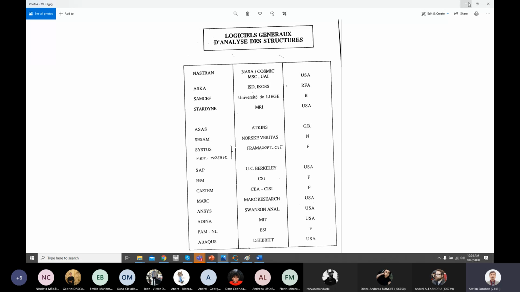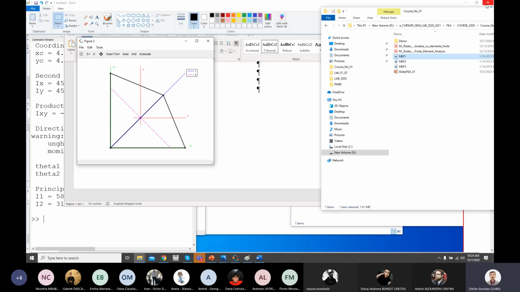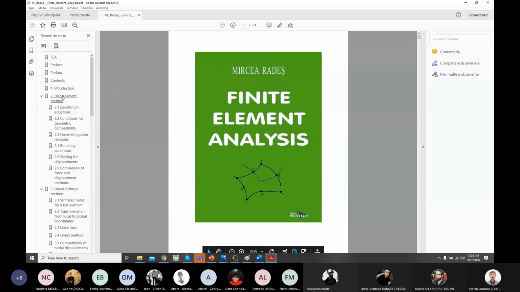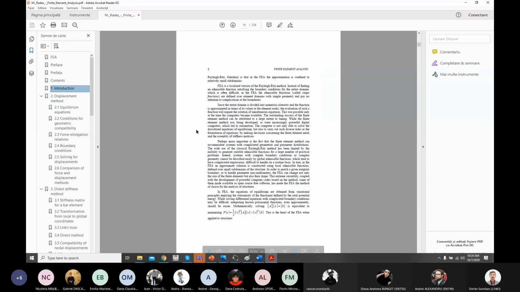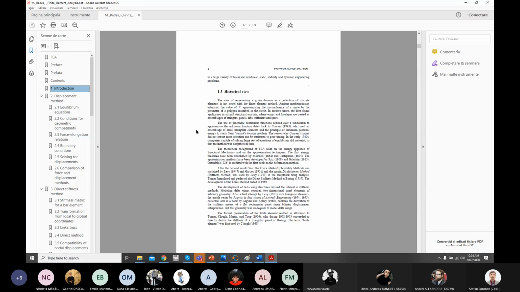They are the biggest finite element codes, and that was the history in a few words. You can read it also in the book, so don't hesitate to read here about history.